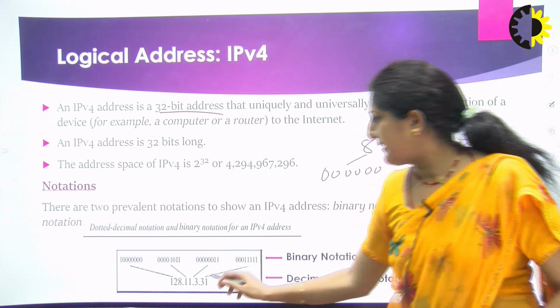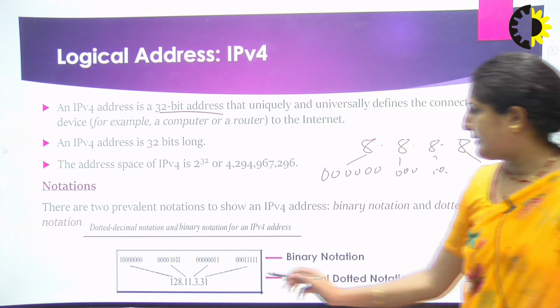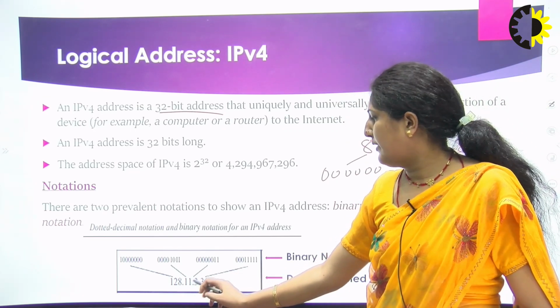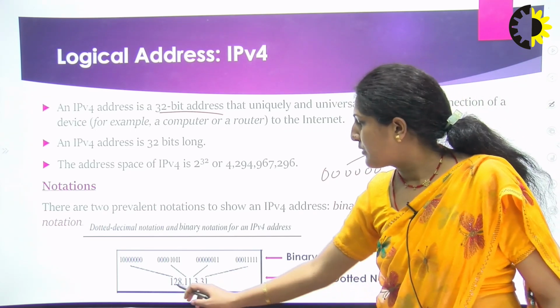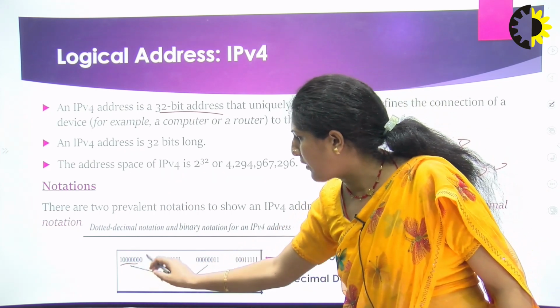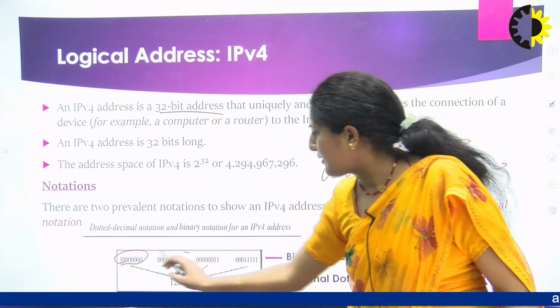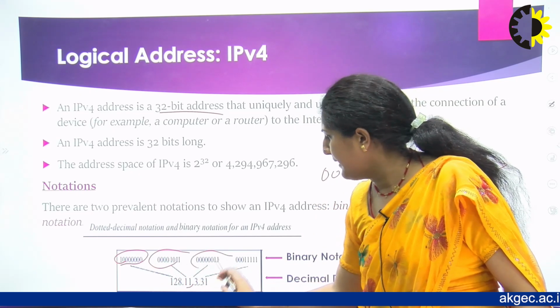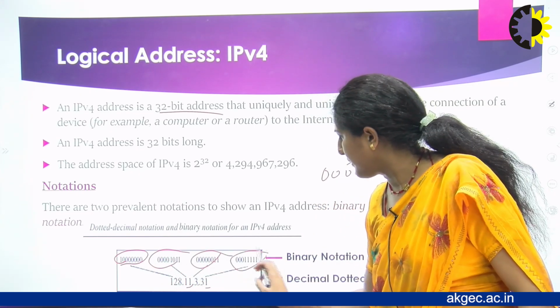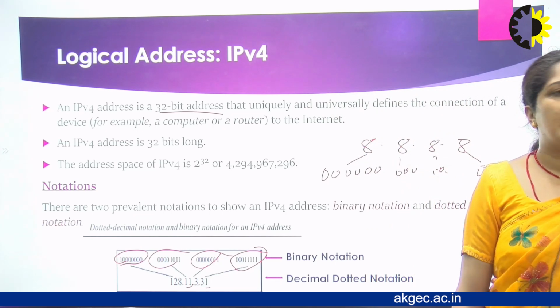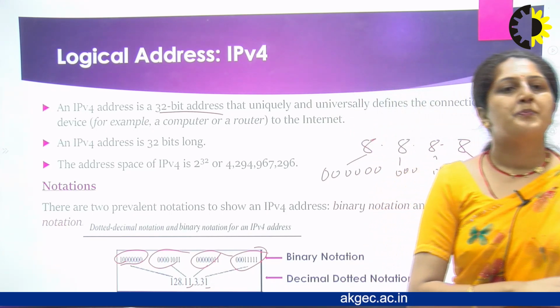This is a representation of one IP address, 128.11.3.31. So 128 is this octet, 11 is this octet, 3 is this octet, and 31 is this octet. This is the binary notation, and this is the decimal notation.